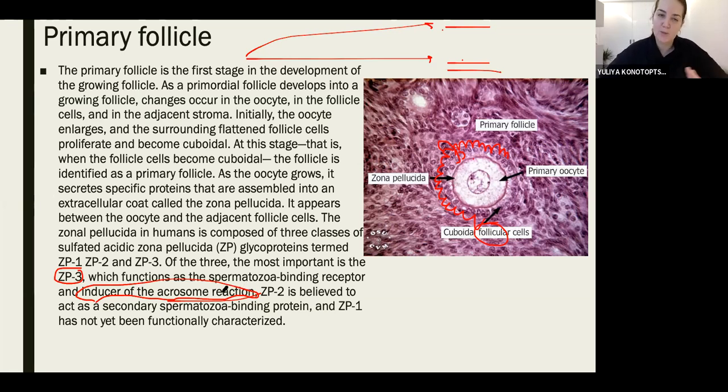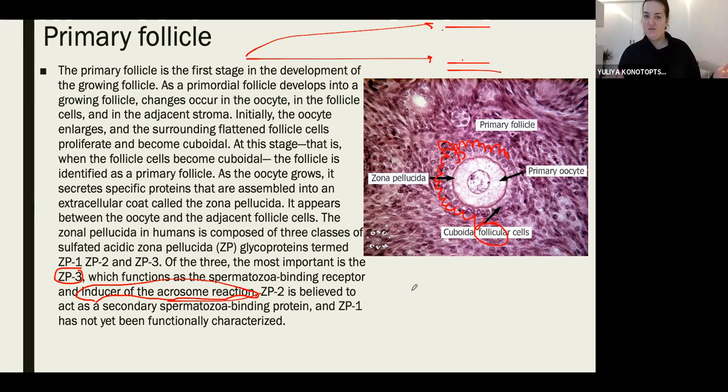As you remember, we talked about it in the last class. Spermatozoa possess digestive enzymes, and these digestive enzymes are behind the acrosome. They're hidden by this protective layer. Capacitation is when you remove the acrosome, but acrosome reaction is when these digestive enzymes are getting exposed.